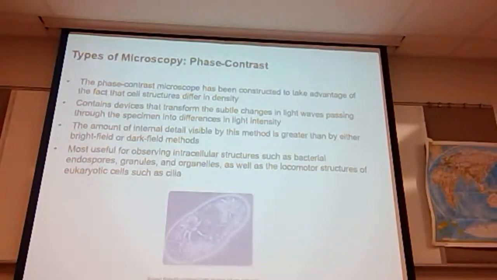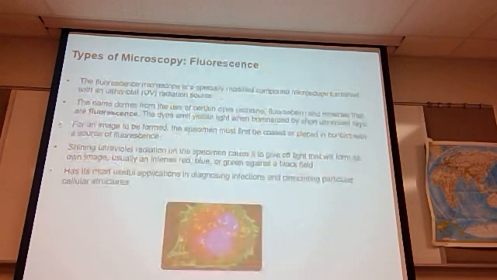The amount of internal detail visible by this method is greater than either with bright field or dark field, and it's most useful when observing those intracellular structures. So all of those things like this little thing, and this little thing, and this thing over here, all of those things are much more easily seen and studied using phase contrast microscopy.